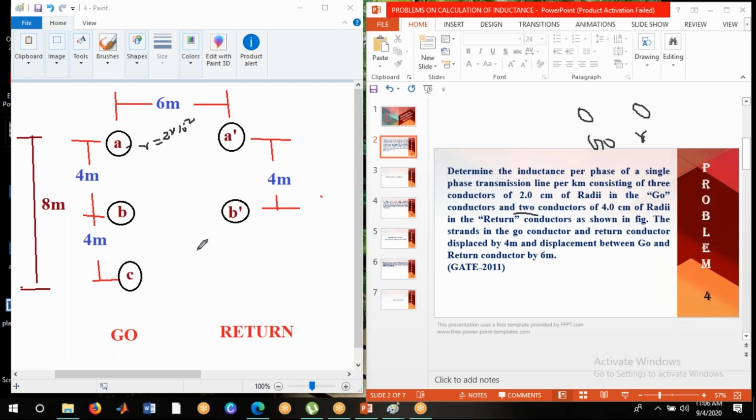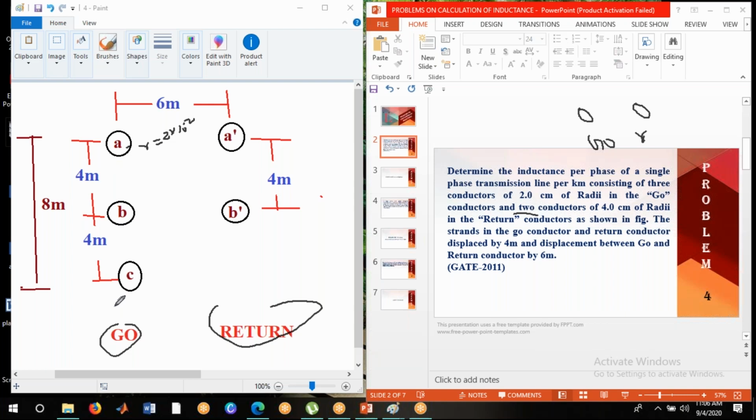Based on the data, we form the circuit like this. Here they have clearly given that the problem belongs to a single phase circuit. In a single phase circuit, the phase terminal is called the go conductor and the neutral is called the return conductor. The go conductor has three strands A, B, C, and the return conductor has two strands A dash and B dash.